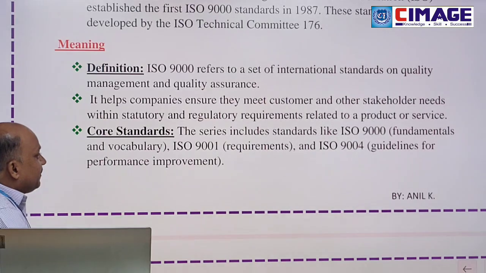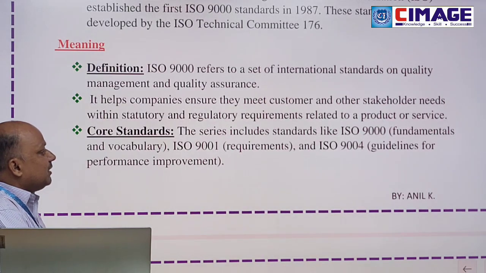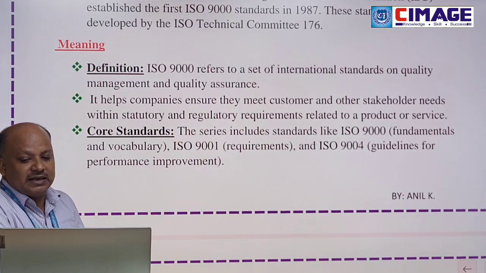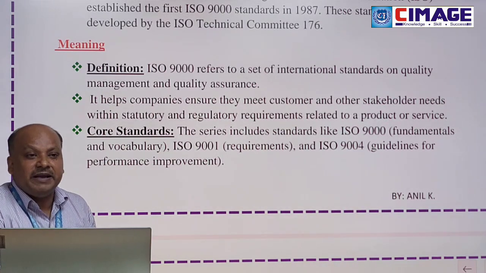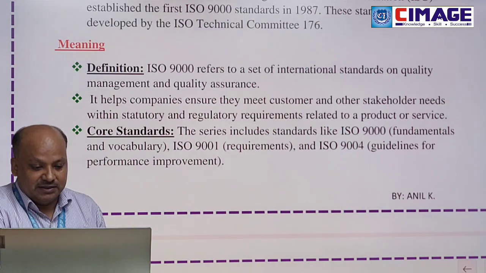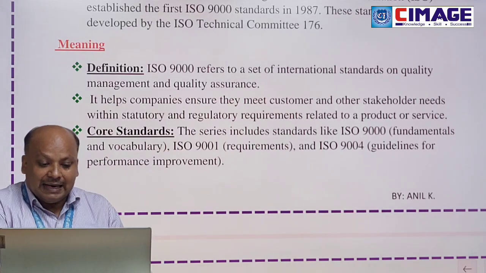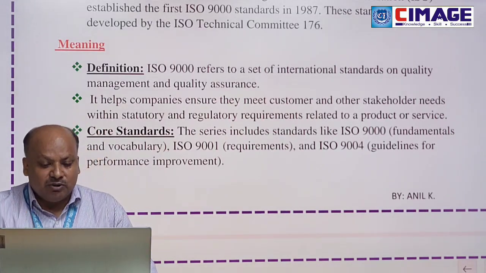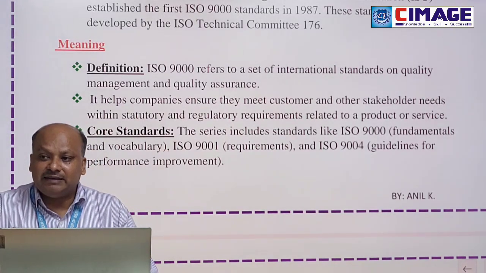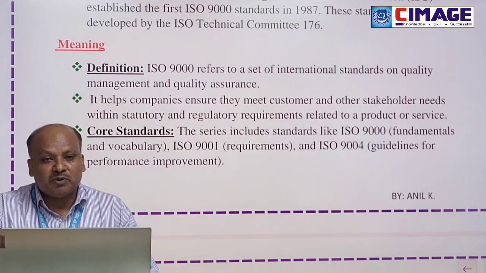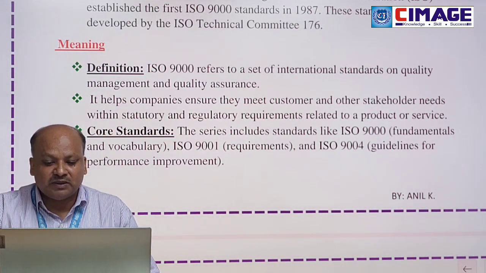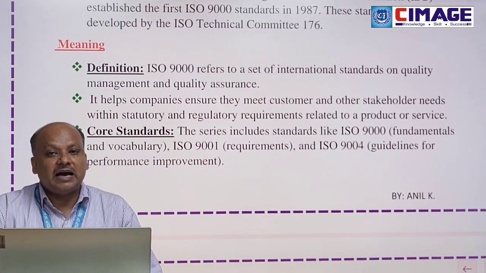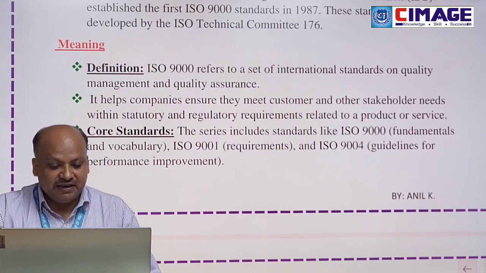It helps companies ensure they meet the needs of customers and stakeholders, along with quality. There are also regulatory requirements related to products and services, and on the basis of those, ISO 9000 can be defined.